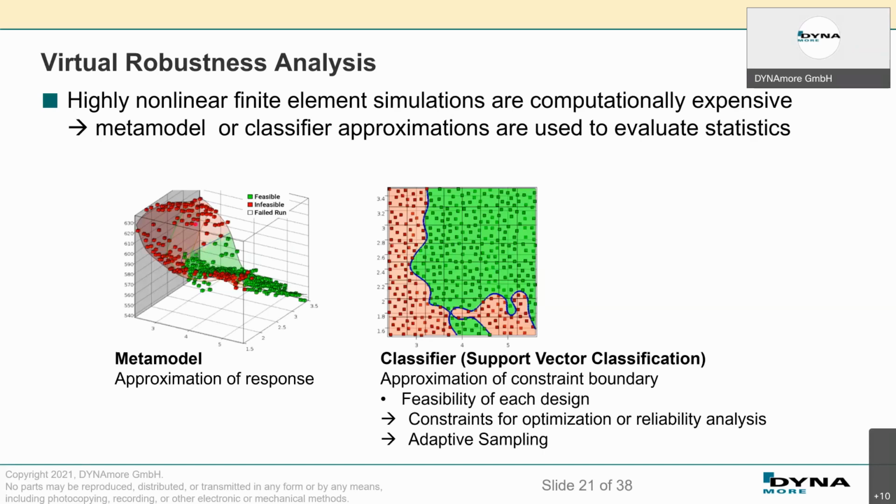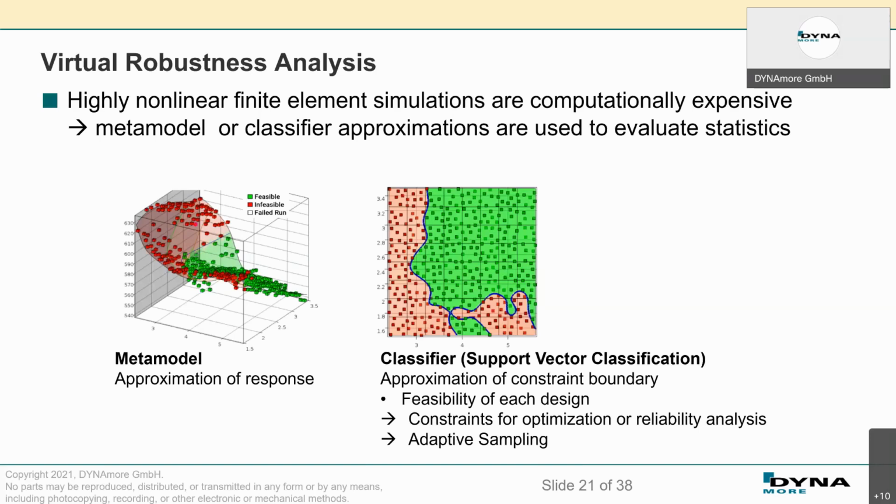We have constraints on the responses we are interested in, and it's not that important to get an approximation for the value. It's just interesting whether the parameter combination satisfies or violates the constraints. And this is what classifiers do. So classifiers can be used for constraints, for optimization, or for reliability analysis, like in our case.